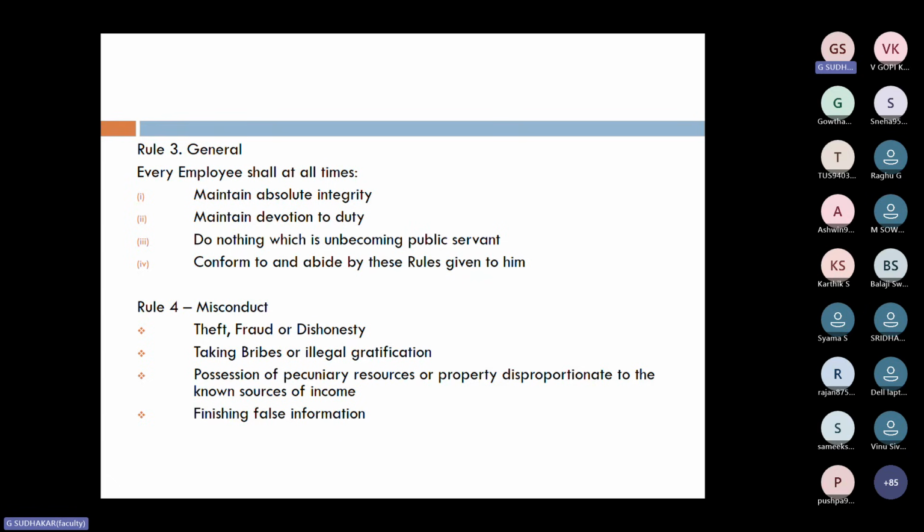Furnishing false information. This is very important. Suppose your date of birth is one date, and as per the birth certificate you joined the company. Your SSLC book and college certificates also specify the same date of birth. Suppose you are applying for a passport and for a foreign assignment in our company.